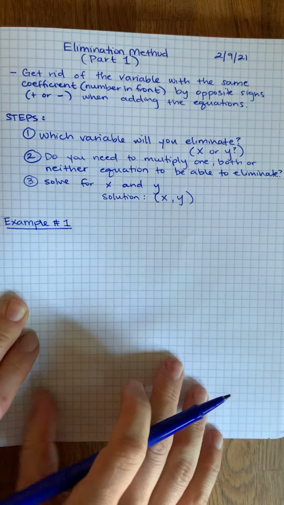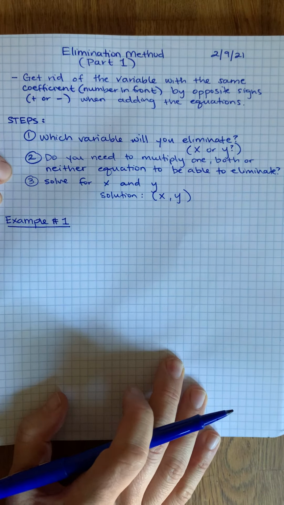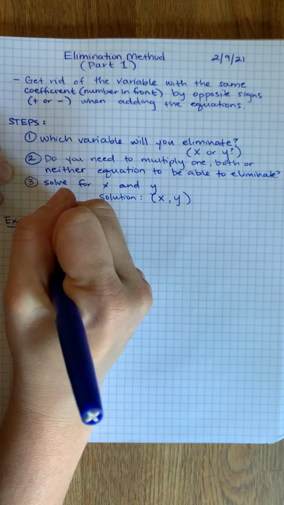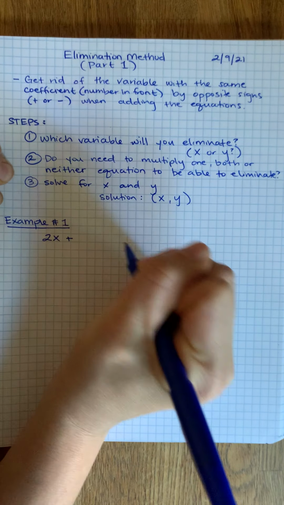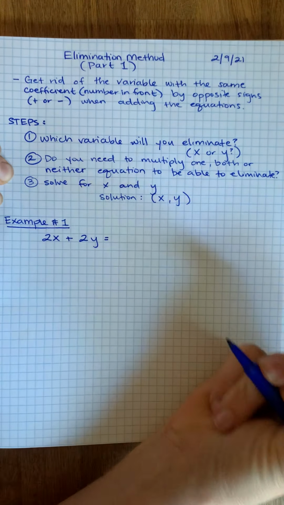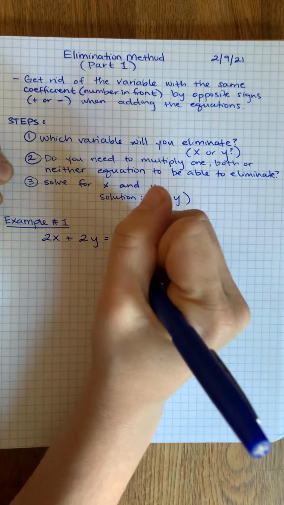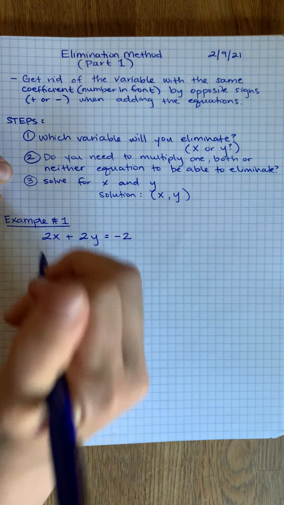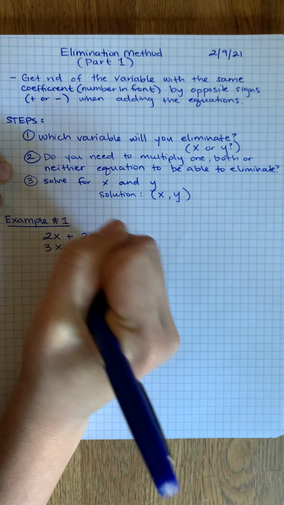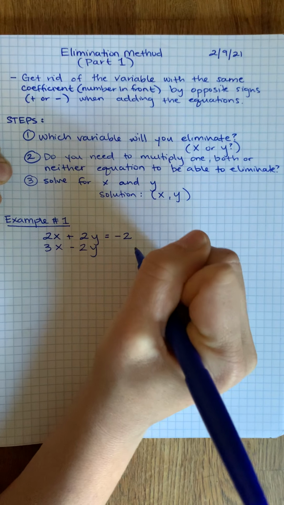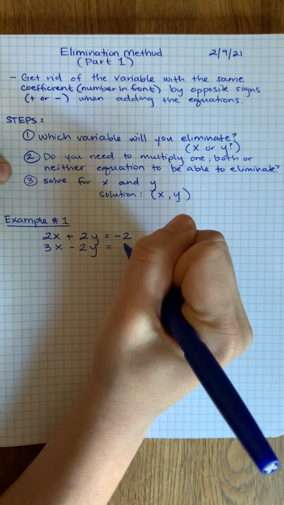Okay, example number 1, we have 2x plus 2y equals -2. The second equation is 3x minus 2y equals 12.